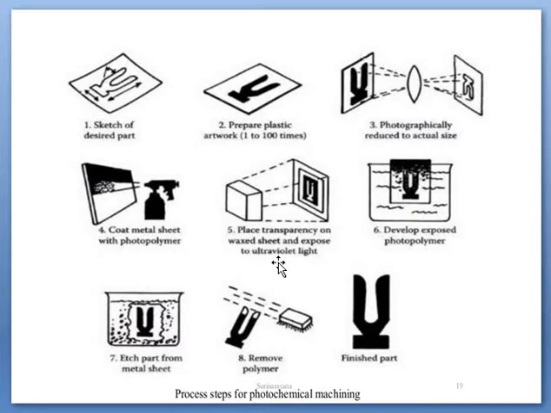Then we apply the transparency on a wax sheet to expose it to ultraviolet rays or X-rays, then you develop the exposed photopolymer, and finally you etch the part from the metal sheet, and at last you remove the polymer so that you get the finished parts. This is carried out in the photochemical machining process.